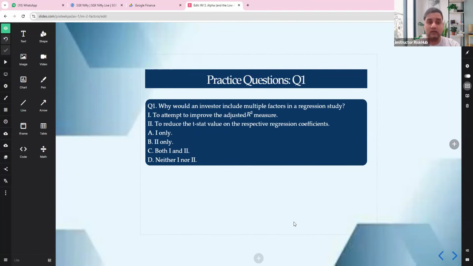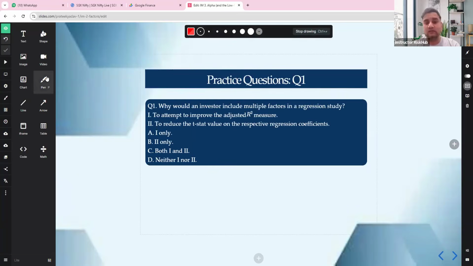Then the question here is, why would an investor include multiple factors in a regression study? If you have two statements here: to attempt to improve the adjusted R square measure, definitely, because the adjusted R square improves when you add more factors. To reduce the t-stat value on the respective regression coefficient, this is what we have not touched, so this is false.